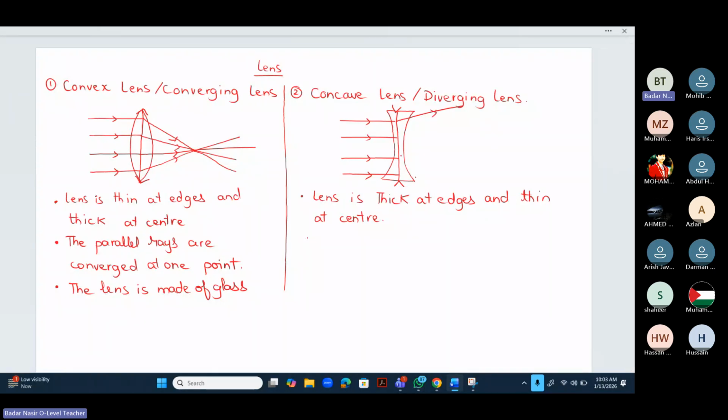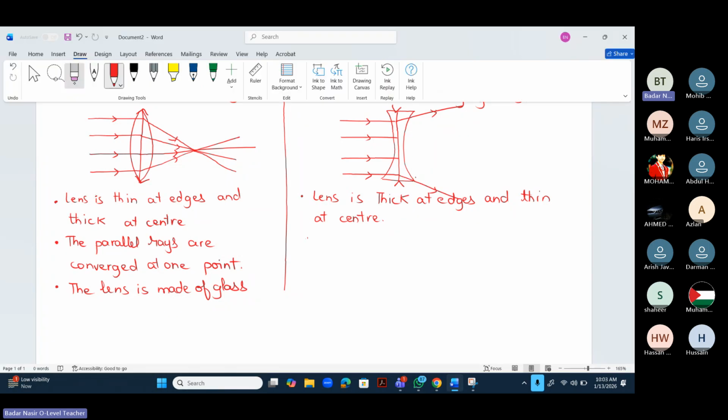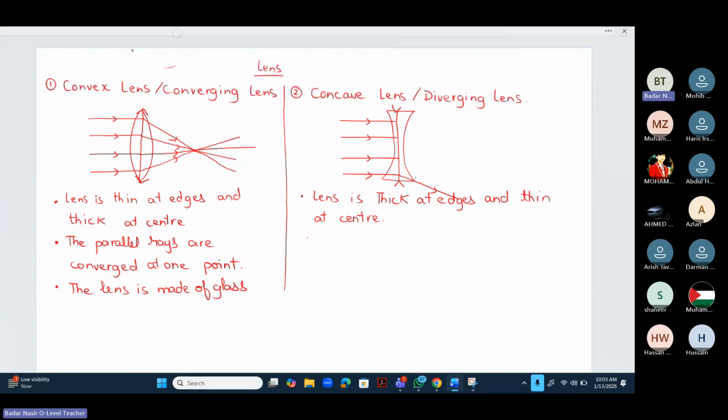So let's say these rays of light will just spread out like this, such that when you extend these rays of light backward, they will meet at the focal point behind the lens.